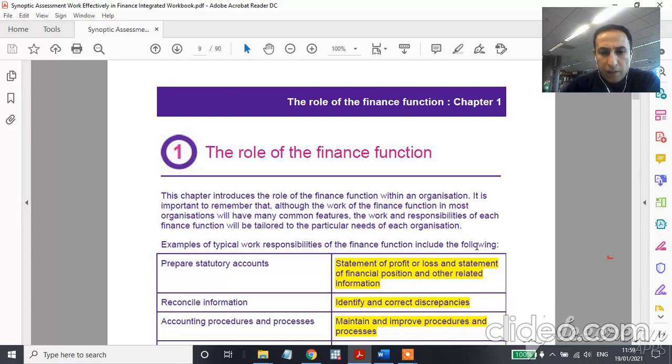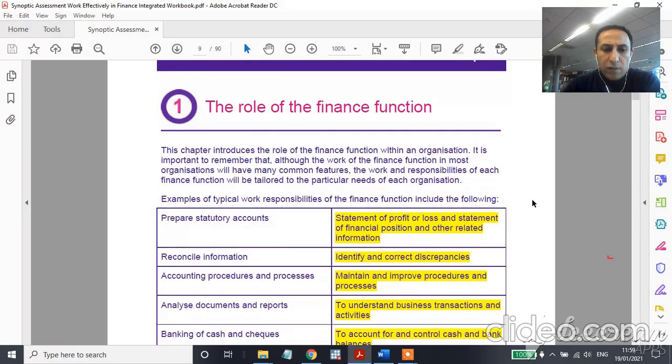Looking at this table as an example of accountability and responsibility of the finance function, one of the responsibilities is to prepare statutory accounts.